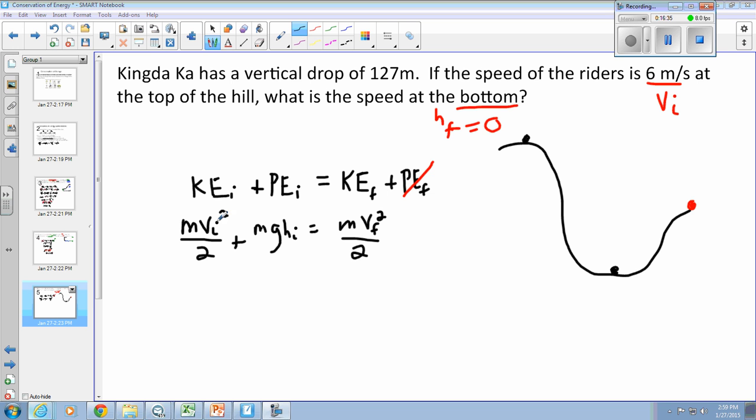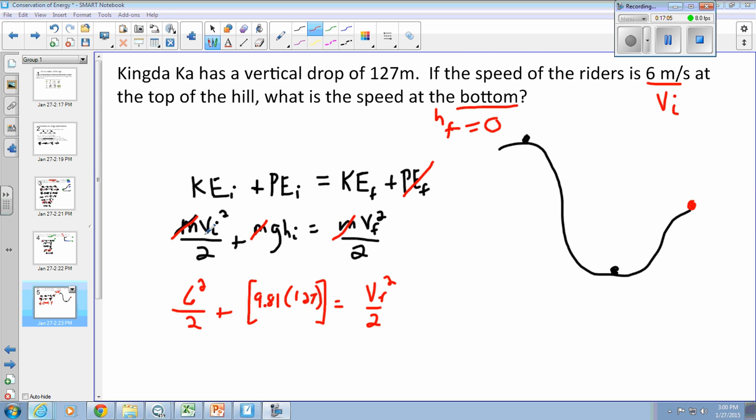Reason being, they don't give me the mass up here, so we have to have those cancel out. So I won't be able to do what I had previously said, where I solved for the kinetic energy final. But hopefully you can see that it's fairly easy to achieve if you just don't cancel out the masses. But here the masses cancel out, and now we're going to continue solving the way we had done before.